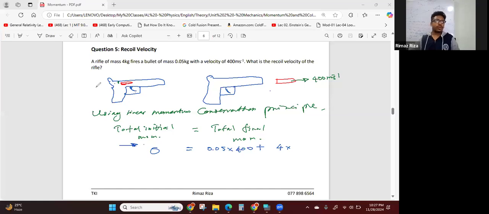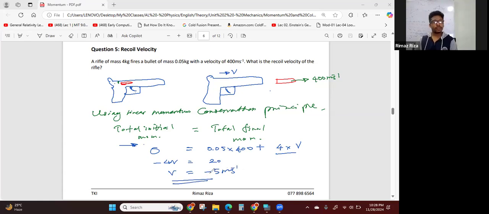So using this direction, take plus v here. Then if you take this to the other side, you get minus 4v equals 5 into 400 is 20. So therefore v equals minus 5 meters per second.